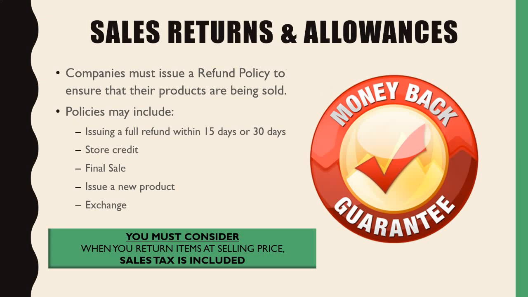Okay? So what are those examples? For example, having some kind of time frame. So again, you can issue a full refund within X amount of days. For example, you could do 15 days, 30 days. Companies like QVC, I believe they go for the maximum of 90 days full refund. You can use the product to the point where you don't have anything left.